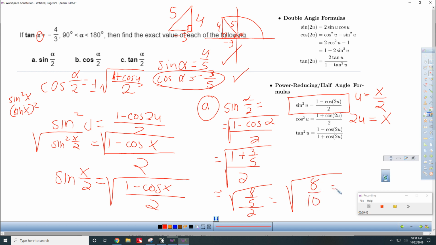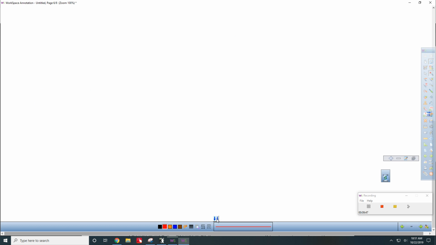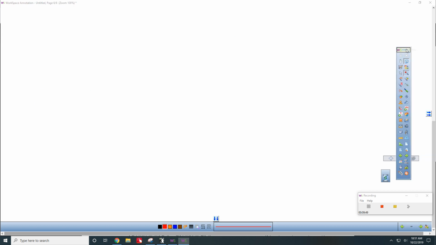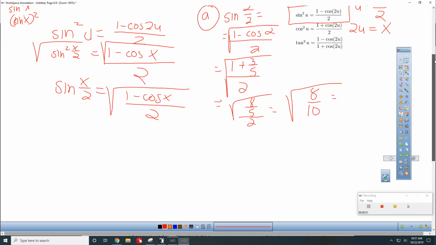And I don't know how they want us to write this answer. The square root of 8/10 is radical 8 over radical 10, which is radical 80 over 10.